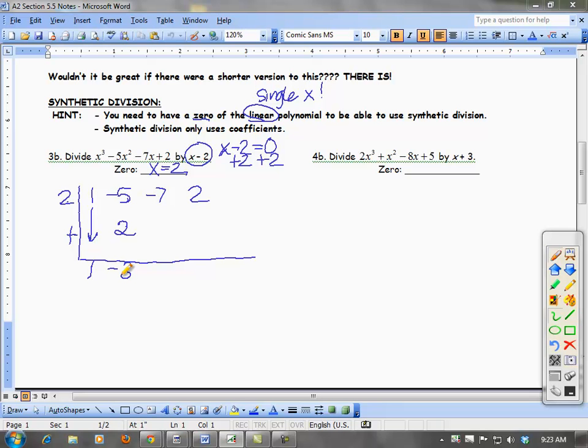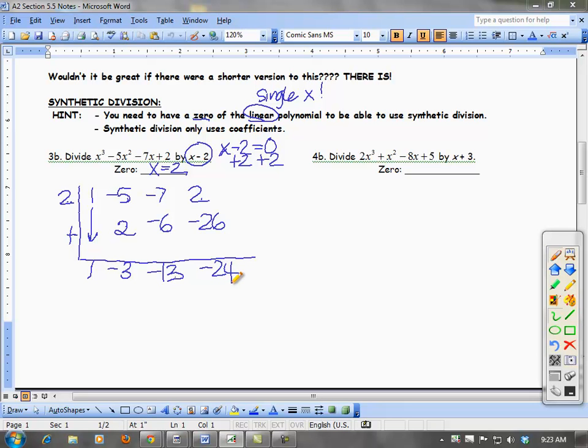We do it again. Negative 3 times 2 is negative 6. And negative 7 plus a negative 6 is negative 13. Negative 13 times 2 is negative 26. 2 plus a negative 26 is negative 24.